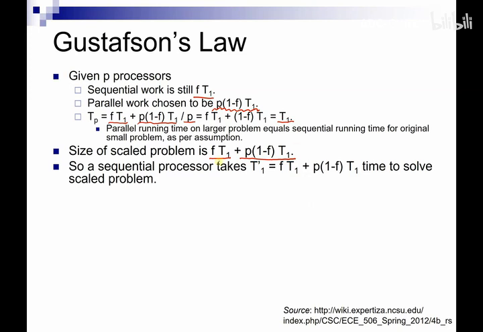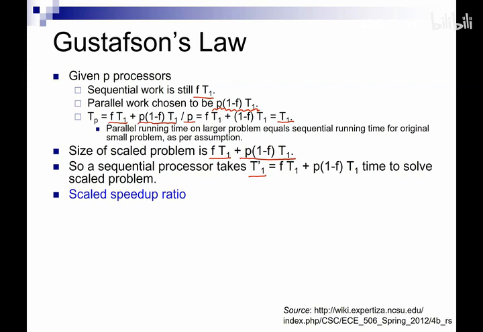It takes exactly the sum of these two quantities, because this is the size of your scaled problem, and if you only have one processor, then your running time is exactly equal to your problem size. So for the scaled problem, the sequential running time, which we denote by T prime of 1, is going to be this expression over here.